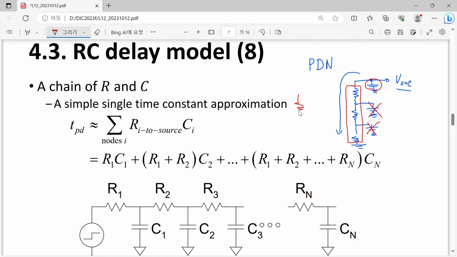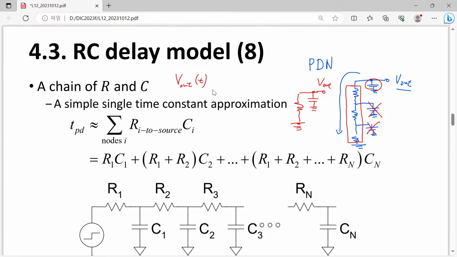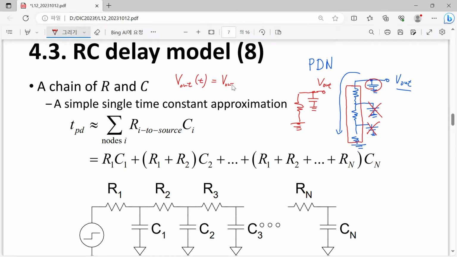That can be written as R, C, and we have the initial V out, and its behavior will be given this way: V out as a function of t after sudden switching. Then we will have V out at the initial value exponentially decaying with this time constant of RC. Of course, here R means the sum of these resistances.